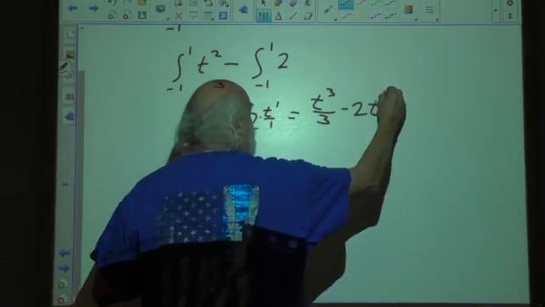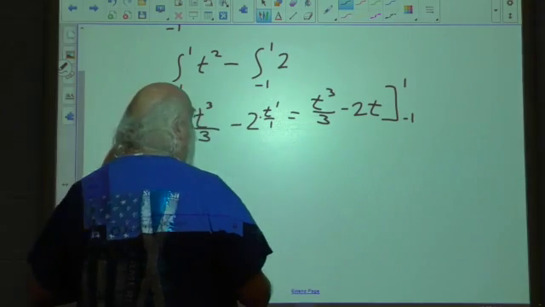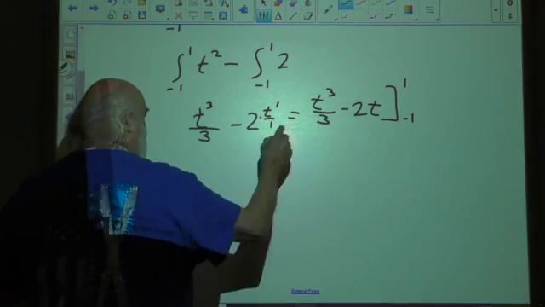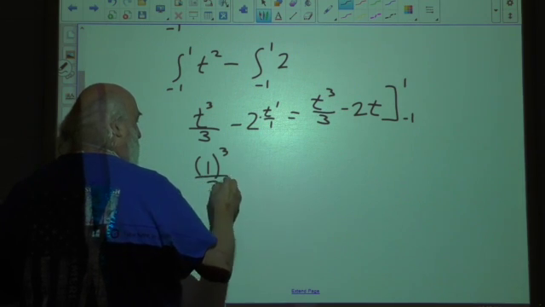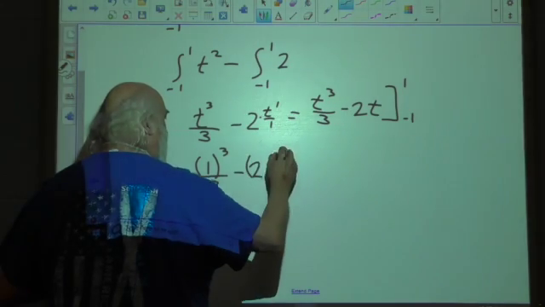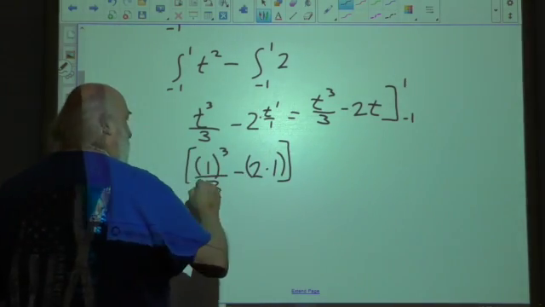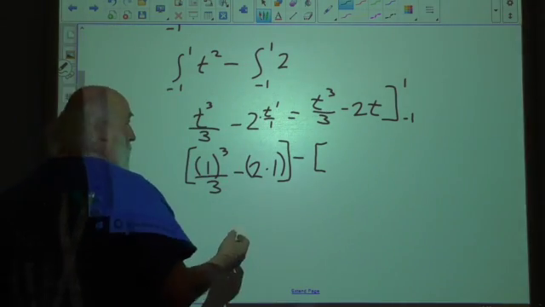And now we're going to be using that from -1 to 1. So we start with the 1. That's going to be 1 cubed over 3 minus 2 times 1. That, all of it, is going to be subtracted by the same thing now with -1 plugged in.